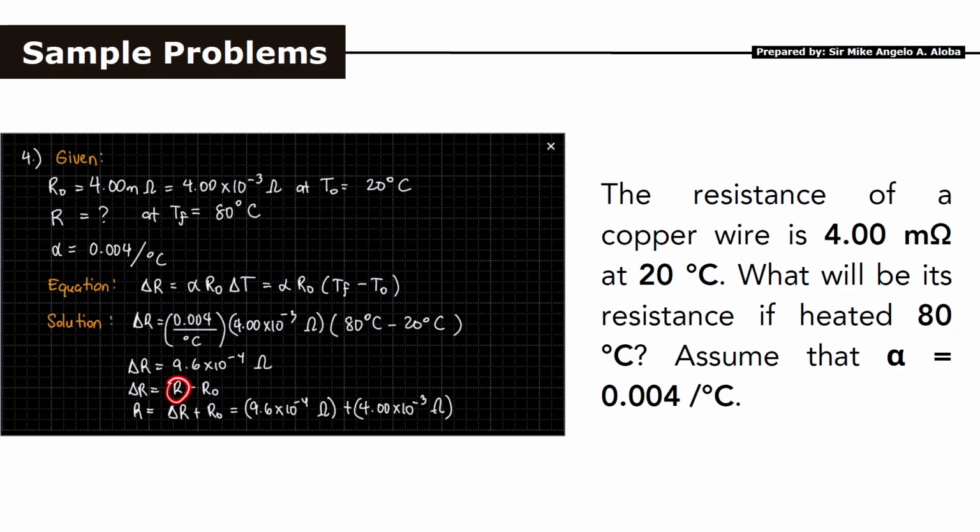Solving for R, you just move it to the other side, so it adds here, that's why it became like that. And then substitute this one and this one from here. So just add them and you will get 4.96 milliohms. So that's your final answer.